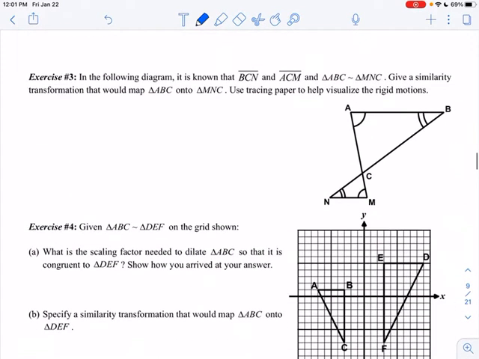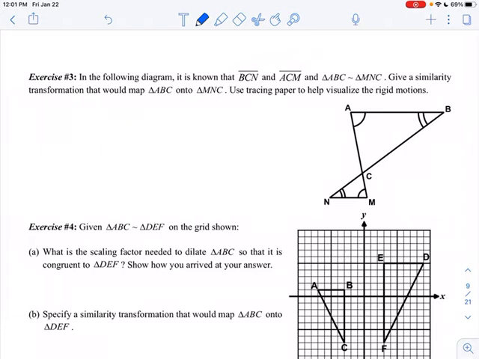Let's try some more because these are definitely tough. So in the following diagram, it is known that BCN and ACM are lines, and triangle ABC is similar to MNC. Give a similarity transformation that would map triangle ABC onto triangle MNC. All right, so they're already touching, so I don't need to worry about that. But I would then want to rotate it about some point.